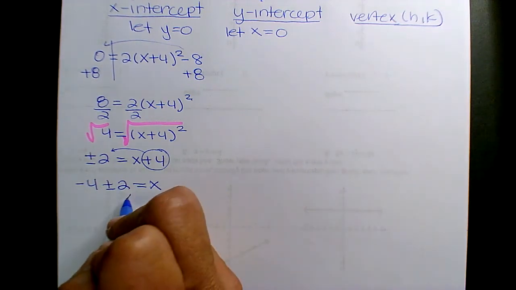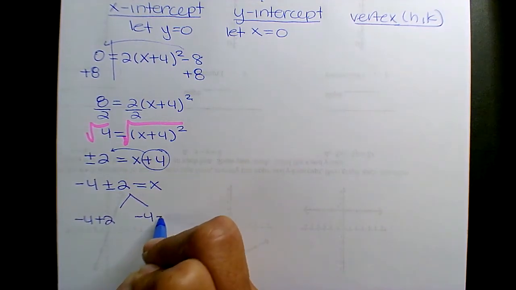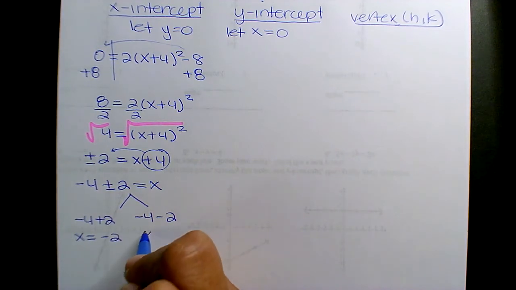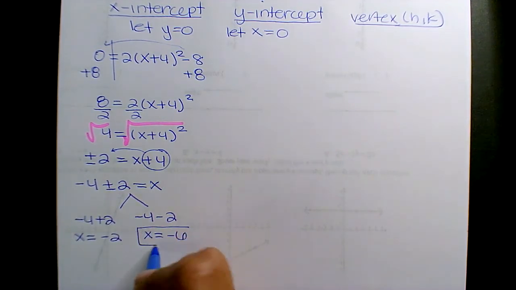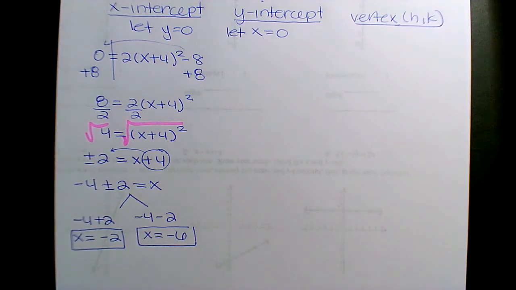So my 2 cases are -4 plus 2 and -4 minus 2. I get -2 and -6. So essentially this parabola is crossing at -2 and -6. That's where the parabola is intersecting the x-axis. That's the longest one.